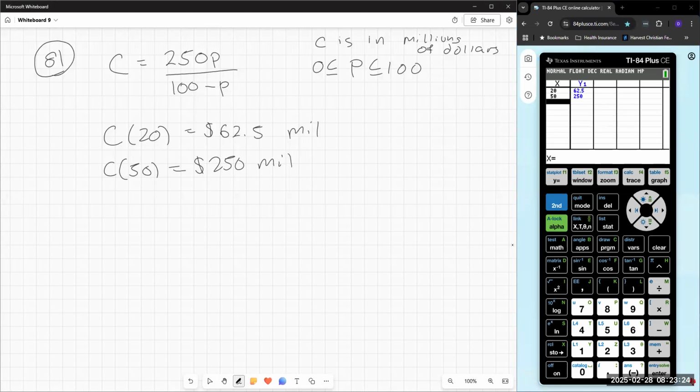And if we wanted to seize 90% of the drugs, we would have to spend $2,250 million, which is the same as saying 2.25 billion dollars is what that would be. $2,250 million dollars.